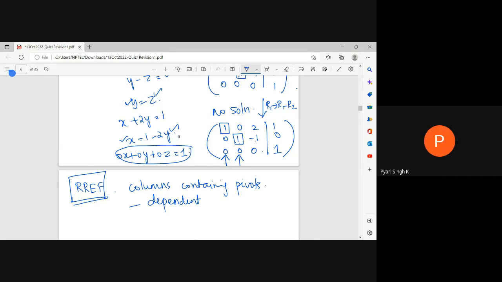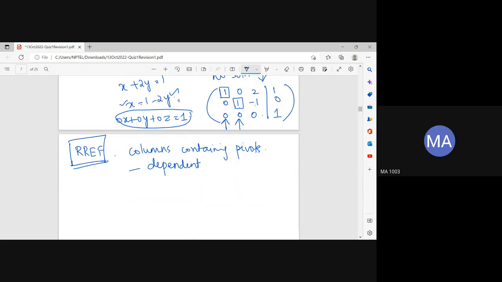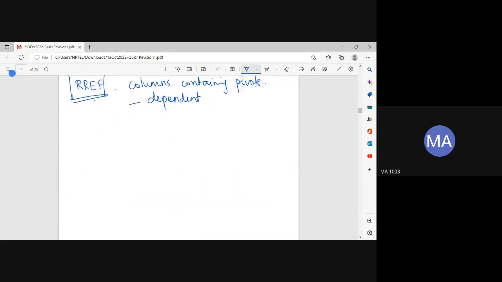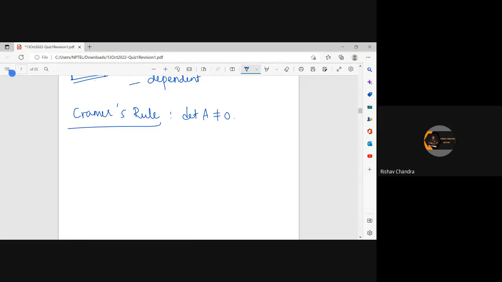Is it okay to discuss an activity problem, ma'am? Yeah, sure. Or should we just tell what Cramer's rule is, and then I think we'll be done with 1 and 2. Sure. What is Cramer's rule? When can you apply it? When the matrix A is a square matrix. Invertible. Yeah. How will you find xi?